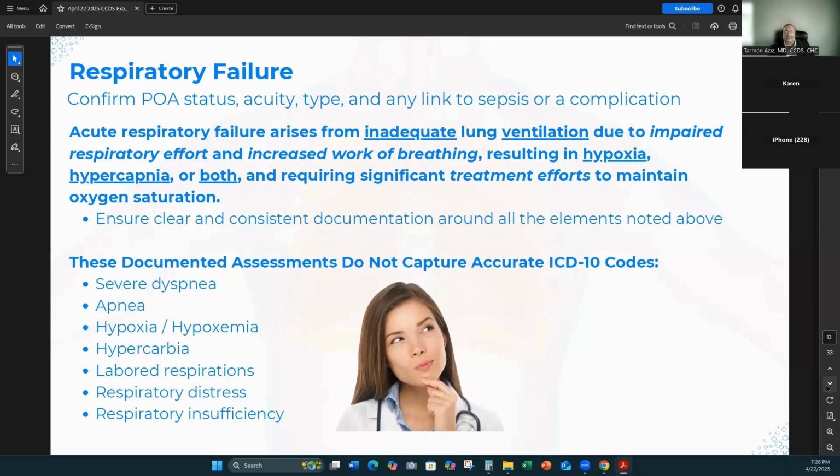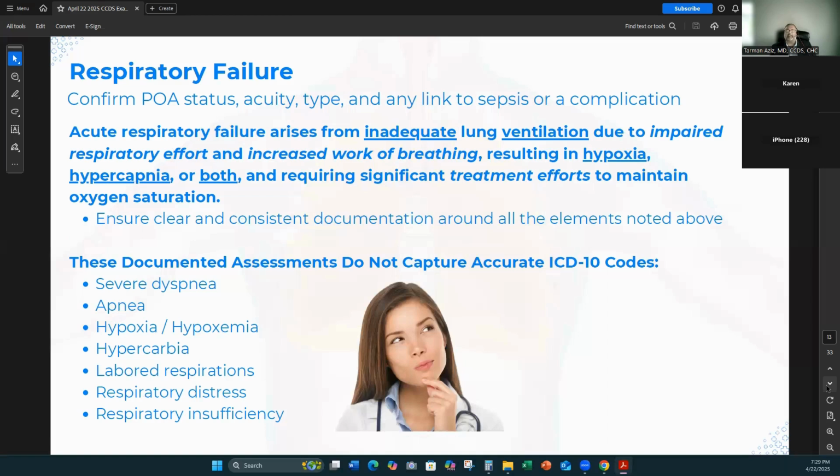And oftentimes, the day two progress note appearance of acute hypoxemic respiratory failure is problematic because the condition was actually present on admission and just not documented properly on the HMP. So both can happen. It might be there inappropriately at admission as a leftover of ED documentation that should have been removed, or respiratory failure might be truly POA and missed until later progress notes. Either way, the first piece of advice is critical. Confirm the POA status.